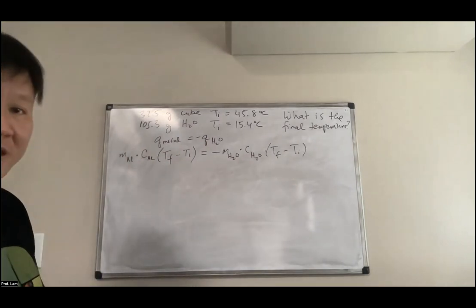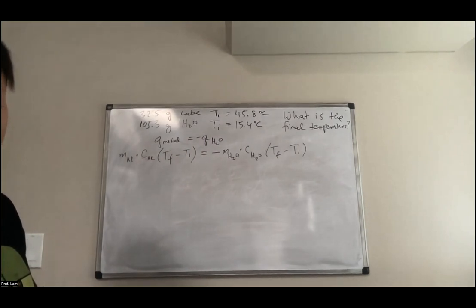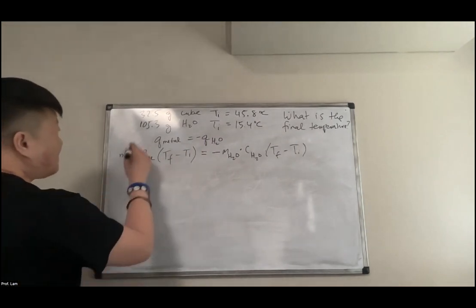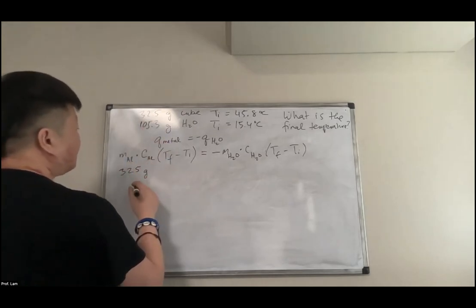Okay. So let's plug in everything that we know. We're going to use the table for specific heat. Okay. So the mass of the aluminum is 32.5 grams.